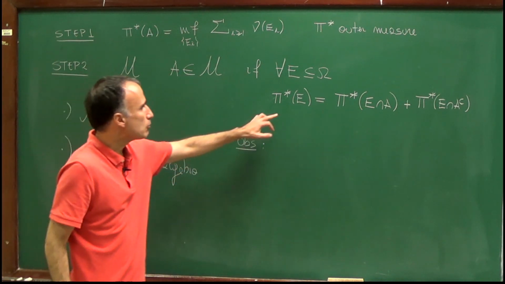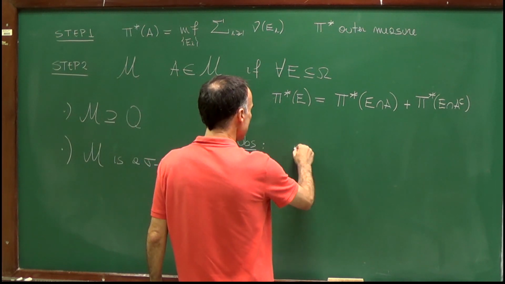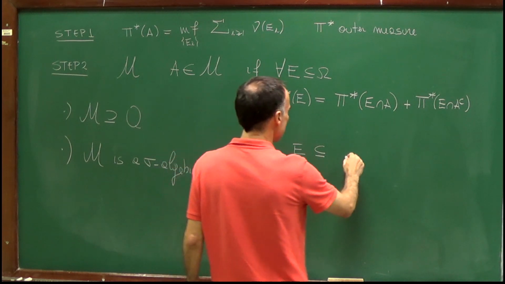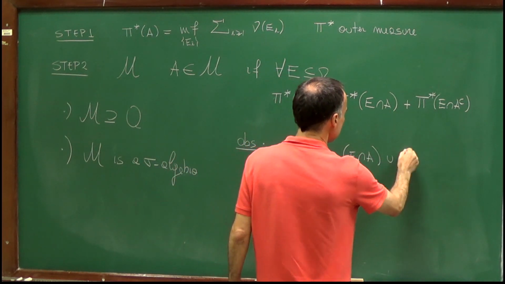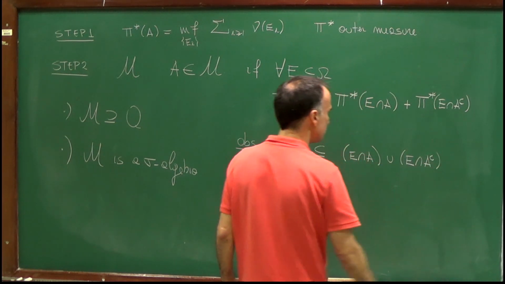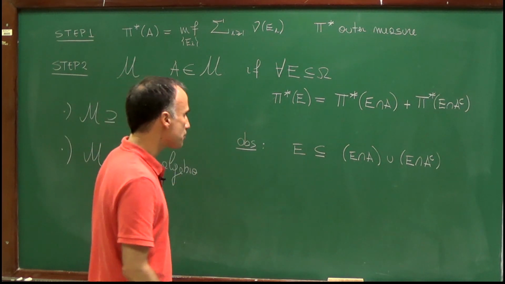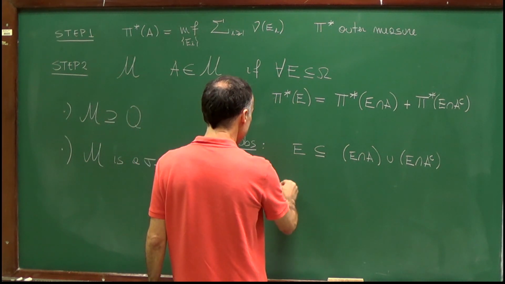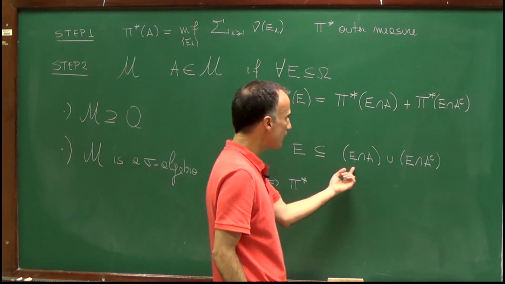There is one inequality here which always holds. Indeed, E is contained in E intersection A union E intersection A complement. Since P star is an outer measure, it follows by the subadditivity. Here it's a finite subadditivity.